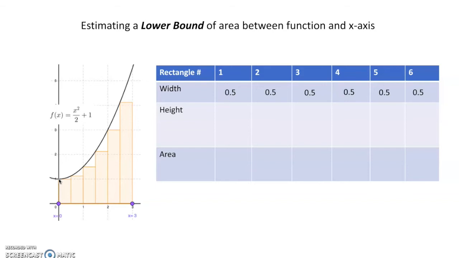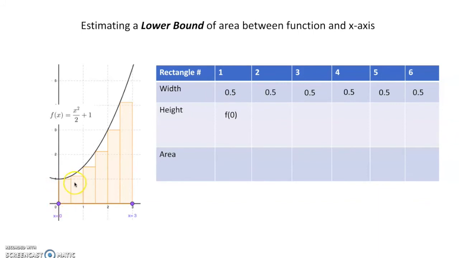Right? Because this rectangle matches up with the function at the point where x is equal to 0. So the height of the rectangle is f of 0, right? The value of the function when x is equal to 0.